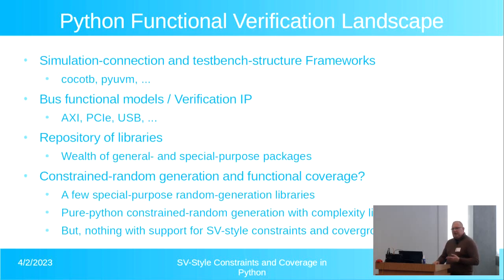There were a couple of special purpose libraries, packet generation type randomization. There is a package that does some randomization, I think cocotb-coverage, I believe. It's pure Python. It does a lot for what it is, but it's pretty limited in terms of the complexity of the constraints it can handle.